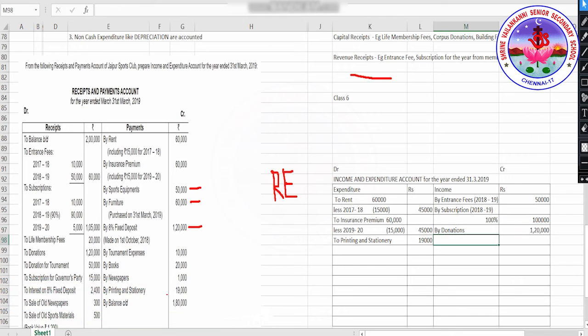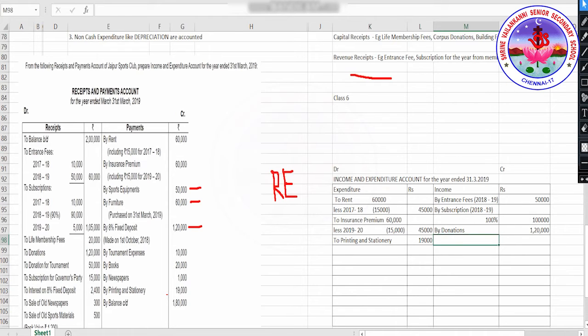I'm just going to pause the video. I'm going to take all those entries which are relevant for this particular period and which are revenue-natured income, revenue receipts. Those which are capital receipts I will not take.